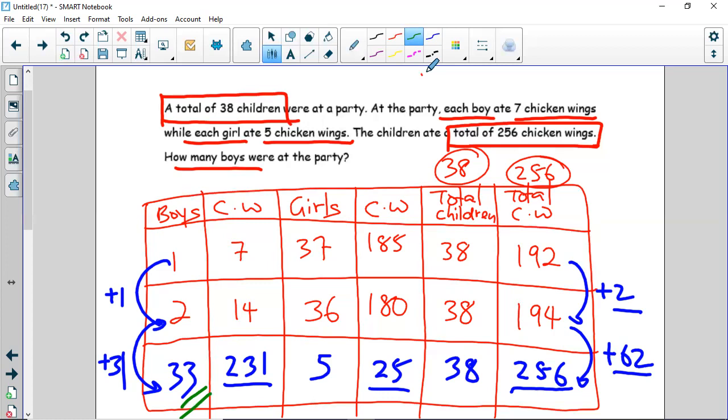Then the second method that will use a bit more time will be your 3 rows get the answer, and then the guess and check will be the method that will take the longest time. So we always want to choose something that is efficient, that will help us to solve a bit faster and with less thinking process. So be aware of all these methods, okay?